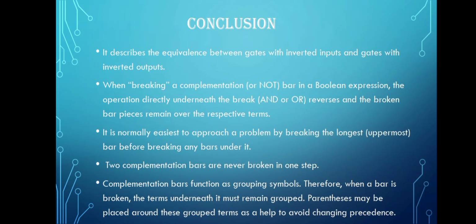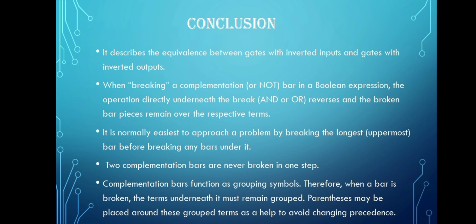Lastly, the conclusion. It describes the equivalence between gates with inverted inputs and gates with inverted outputs. When breaking a complemented or NOR bar in a Boolean expression, the operation directly underneath the break changes, and the broken bar pieces remain over the respective terms. It is normally easier to approach a problem by breaking the longer bar before breaking any bar under it.